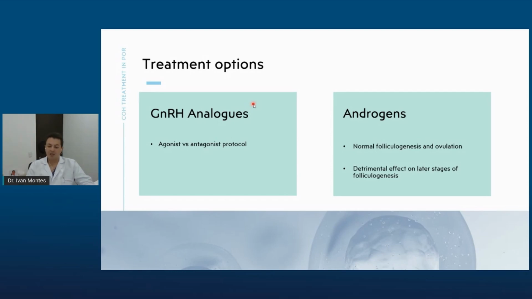Whereas androgens may augment the early stages of folliculogenesis, they may be detrimental in supraphysiologic concentrations on the later stages of folliculogenesis, leading to follicular arrest in the size of 2 to 9 millimeters, inhibiting the formation of a mature follicle, a good follicle.